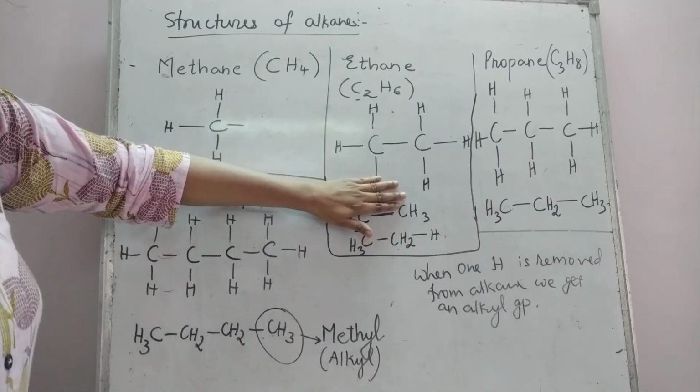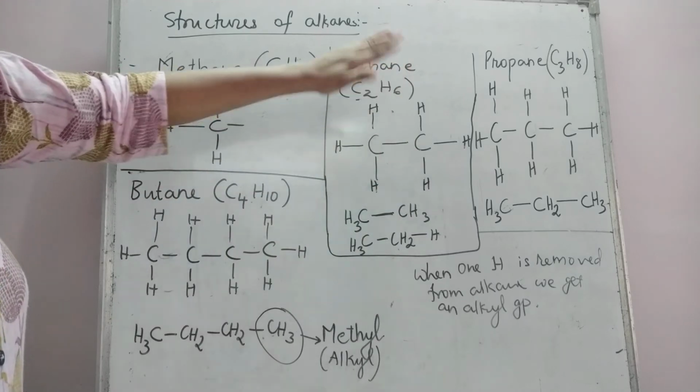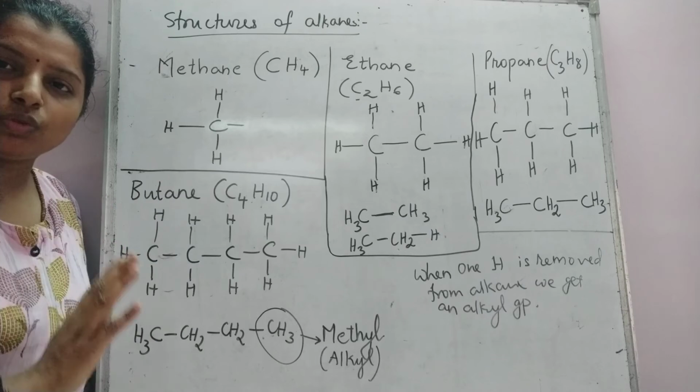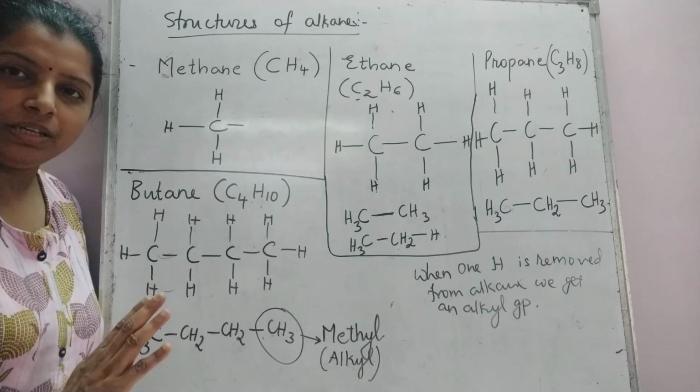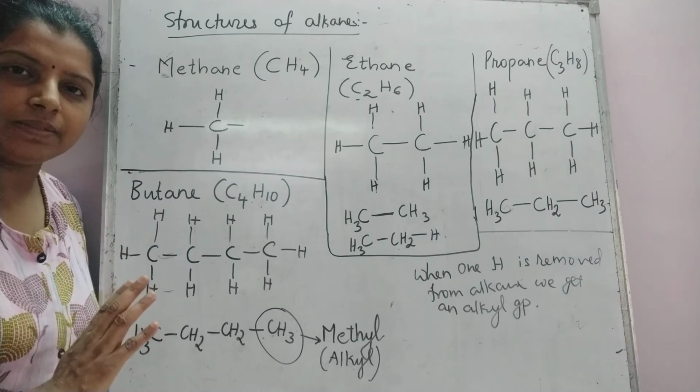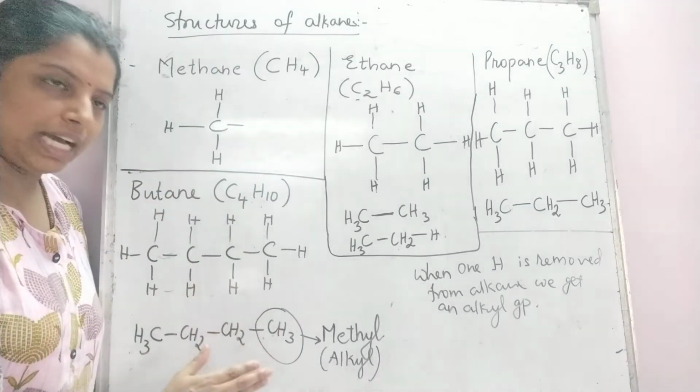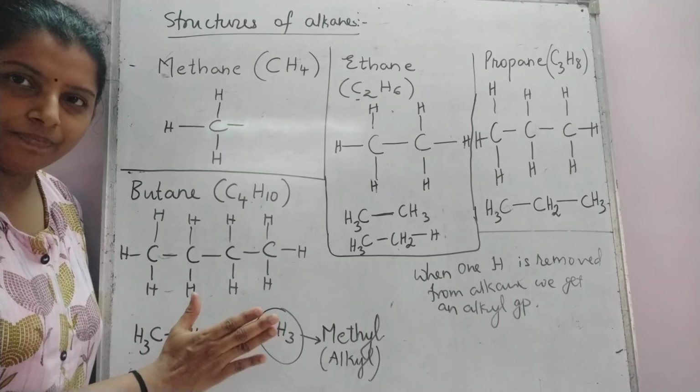C2H5 it will be. So this group that you get on removing one hydrogen from ethane, C2H5, that is called as ethyl. What is it called? It is called as ethyl. Okay. So methane gives you methyl, ethane gives you ethyl.